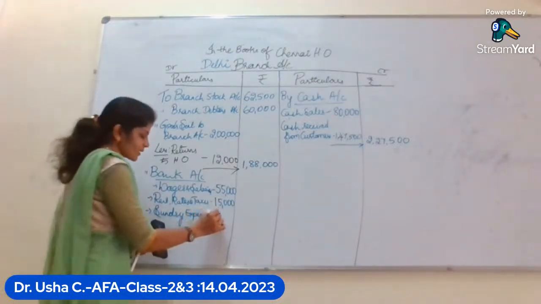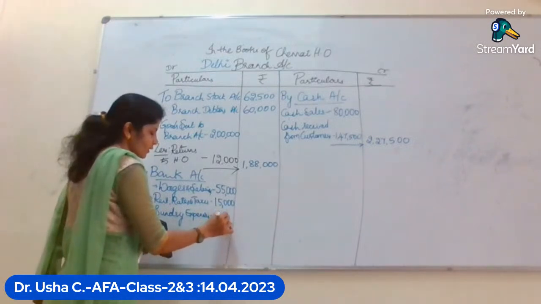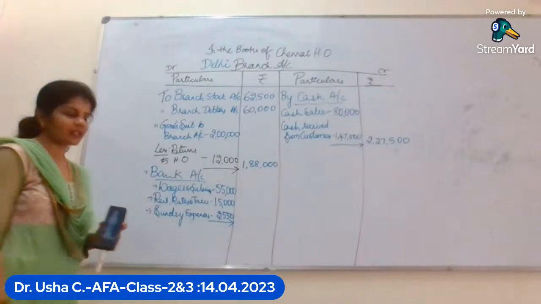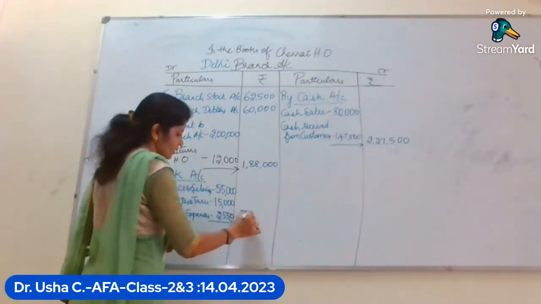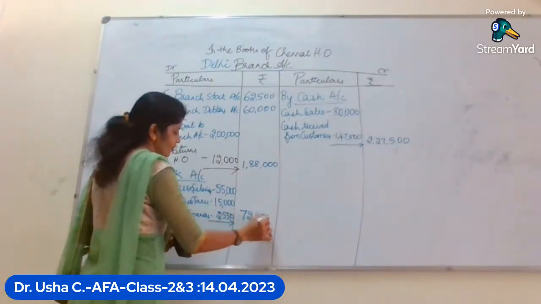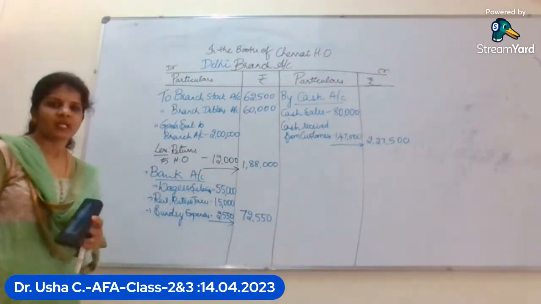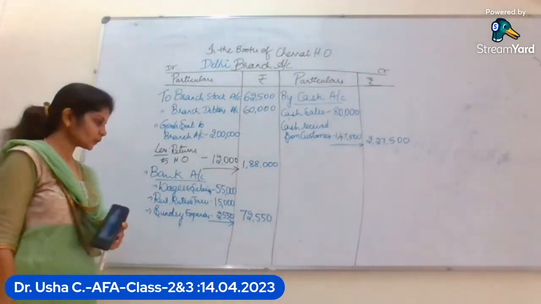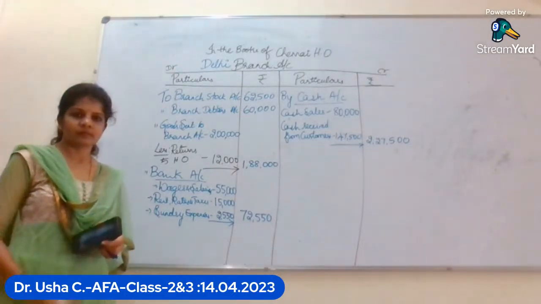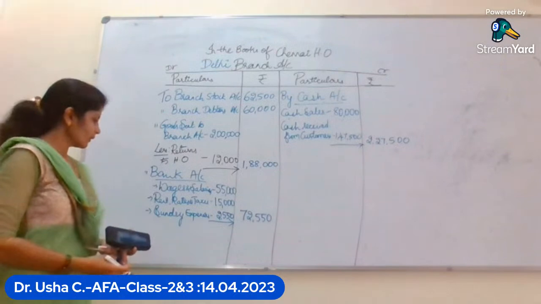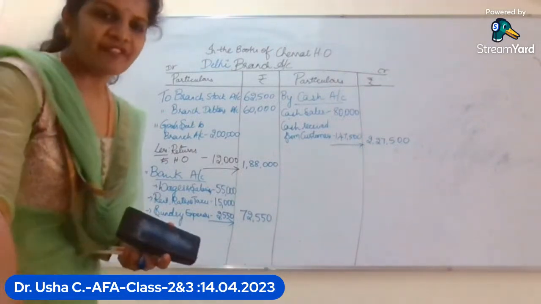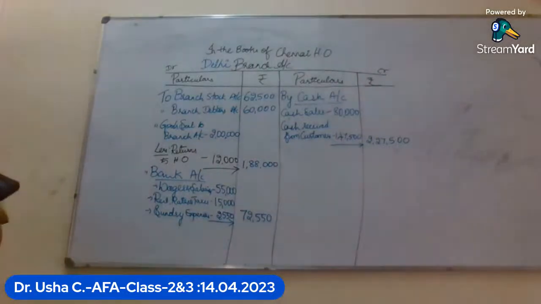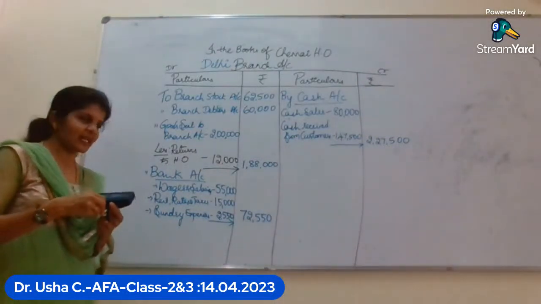The amount of sundry expenses is 2,550, and the total is also given there, that is 72,550. Clear? Next. Further, they have given the closing stock, closing debtors and closing liabilities.